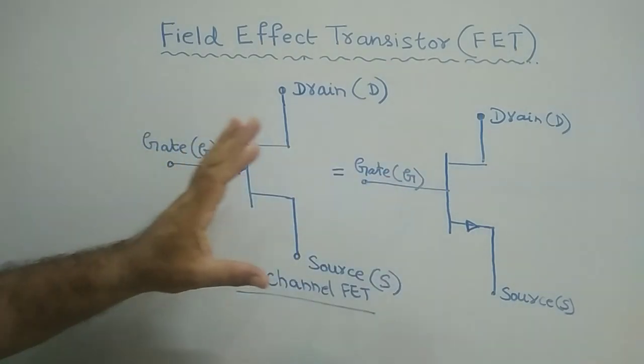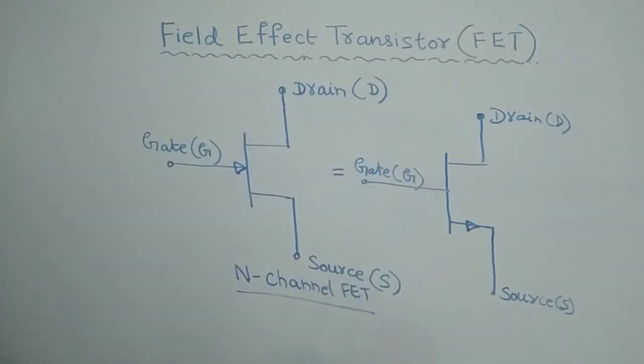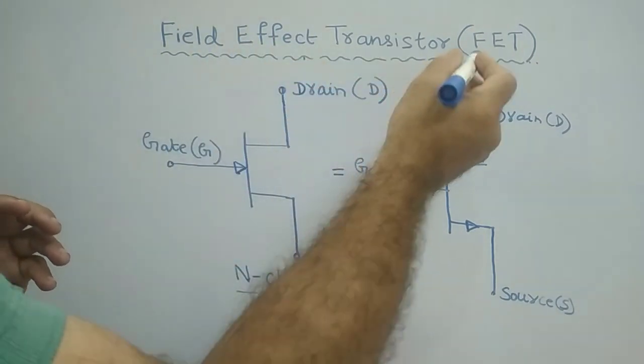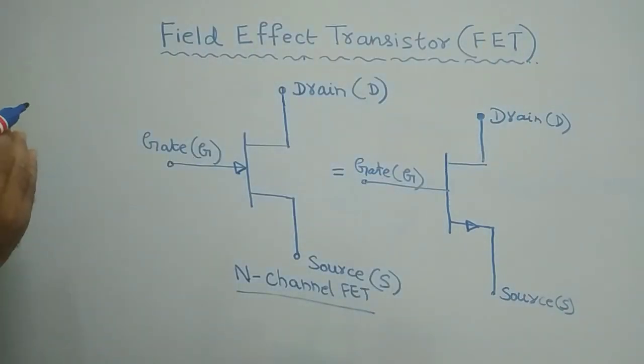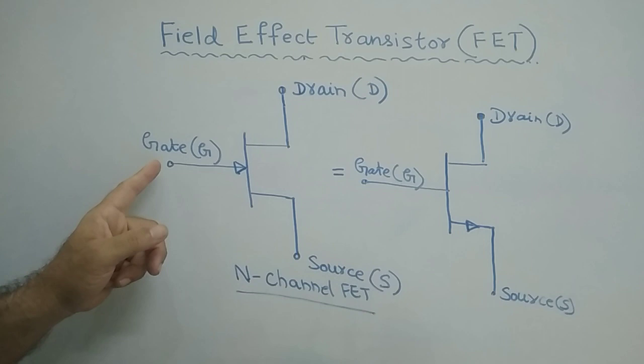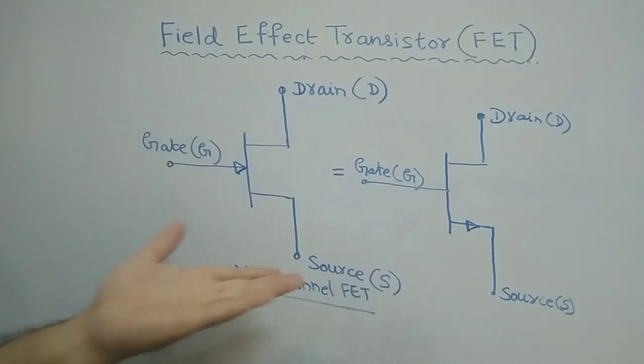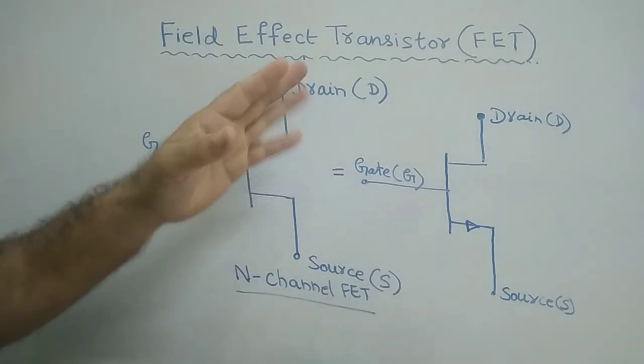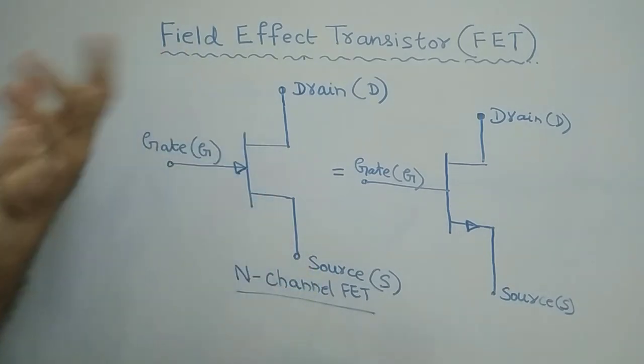From this simple representation, you can say that the FET, or field effect transistor, is a three-terminal semiconductor device. The three terminals are drain, source and gate, in whichever order you write them.